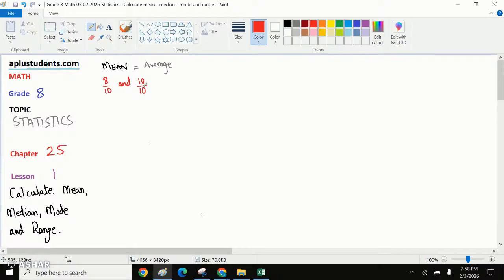How do you find it? You add the numbers that you obtained. And how many tests were there? The first test and the second test, right? So to find the mean, we add the numbers and we divide it by the number of tests. That was 16 divided by 2. Therefore, the mean or the average comes out to be 8.